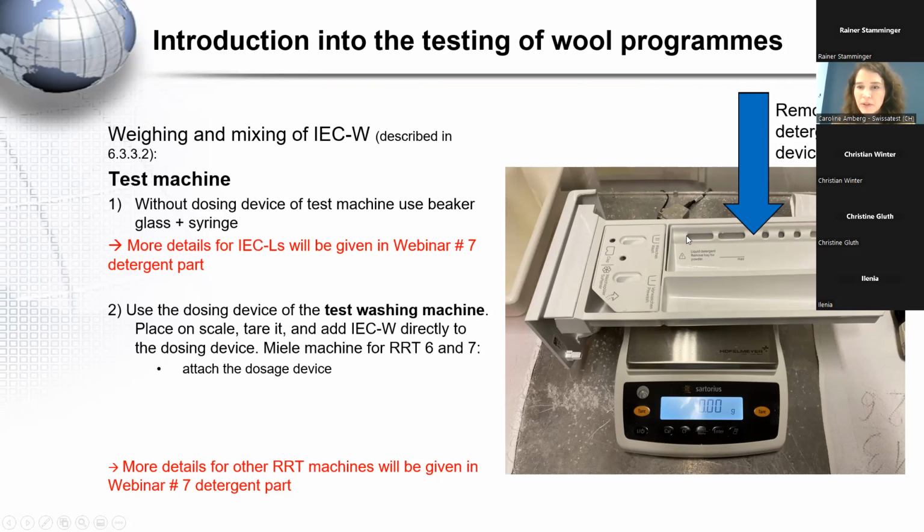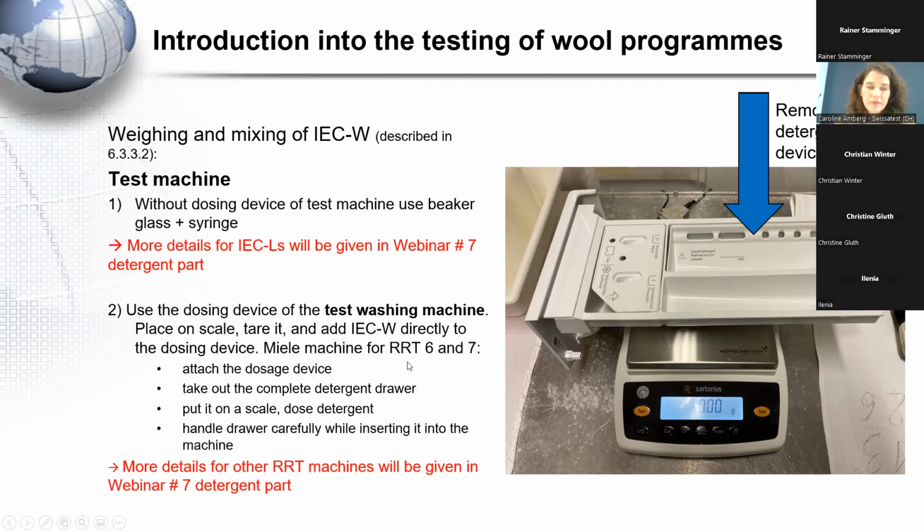It is separate, so you can add it or apply it. Then you can take out the complete detergent drawer, put it on the scale, dose the detergent inside here, and then you just put the whole drawer back into the machine and you can start your test.